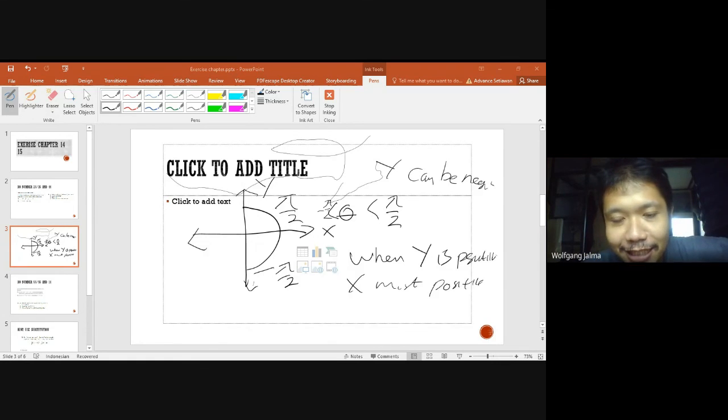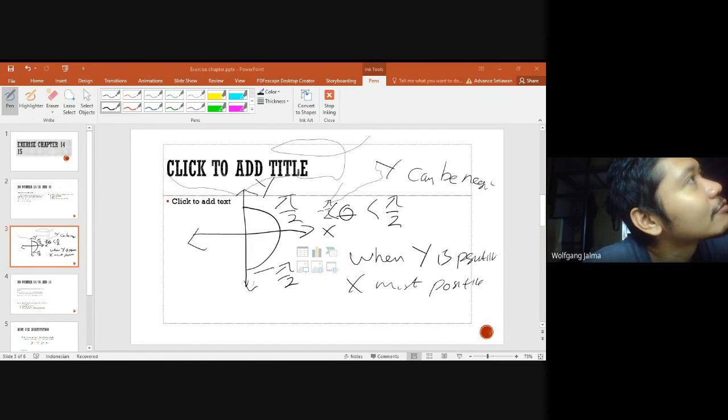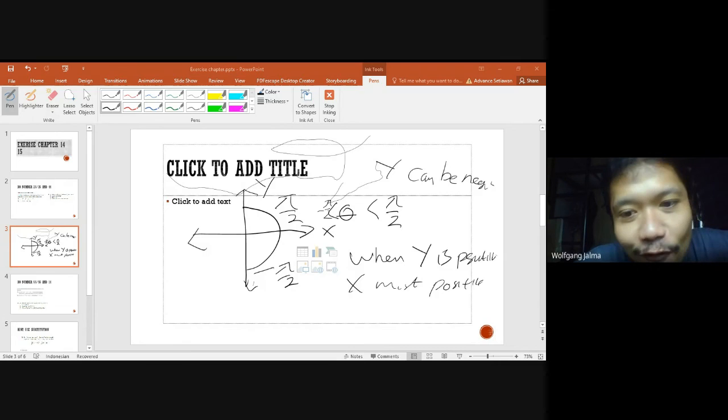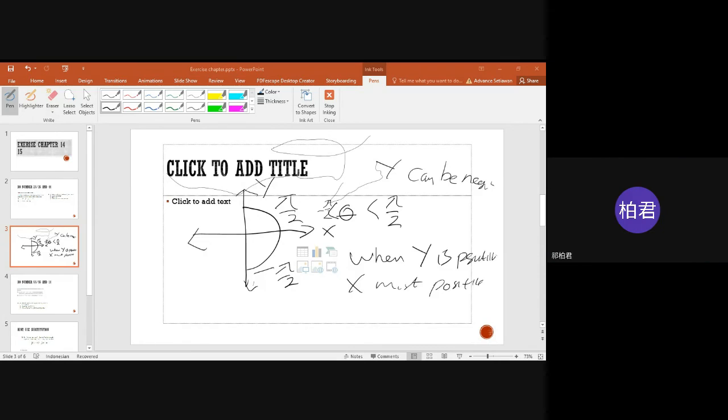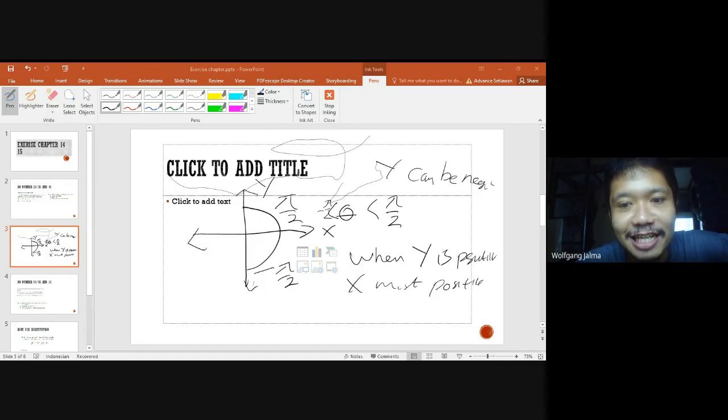Yes, but if you want, you can say that negative pi over 2 is what? 3 over 2 pi, right? Yeah. So you can say that it is from 3 over 2 pi to pi over 2, for example.